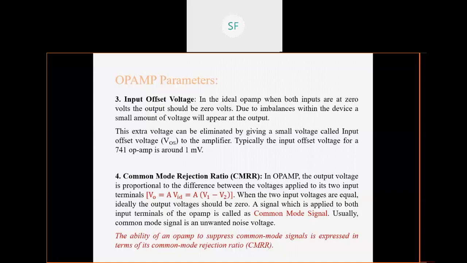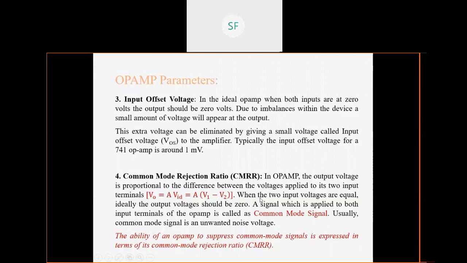VID is the difference between V1 and V2, where V1 is the voltage applied to the non-inverting terminal and V2 is the voltage applied to the inverting terminal. So the difference between the two terminals is amplified and we get the output.